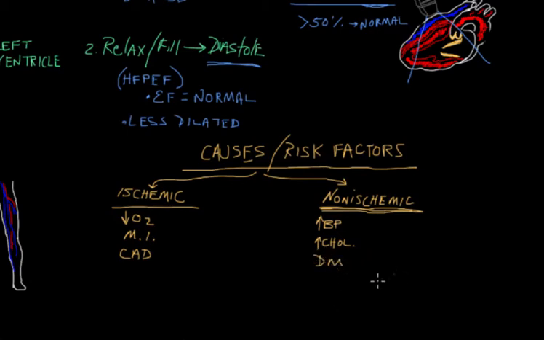And then you have some other causes such as, let's say, toxins. And when I think of toxins here, I'm talking about alcohol, if you drink enough of it, and some drugs like cocaine. And less common in the developed world, but more common in the developing world, we actually have viral or infectious causes.